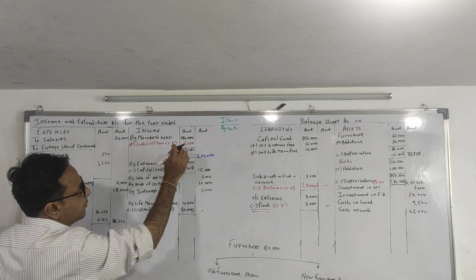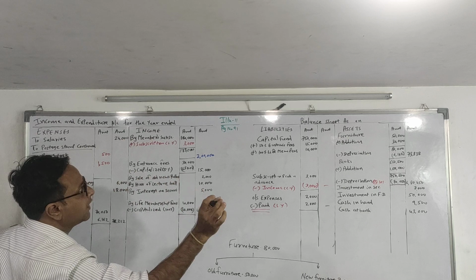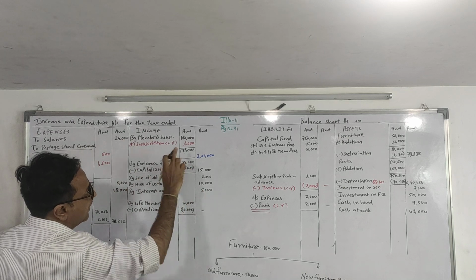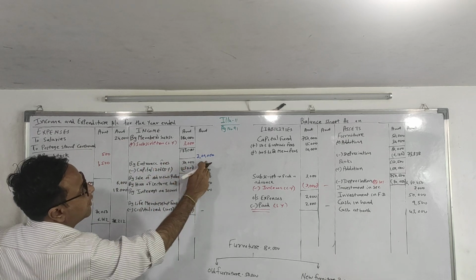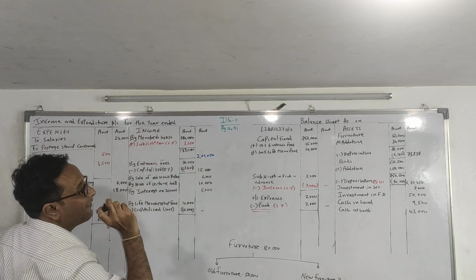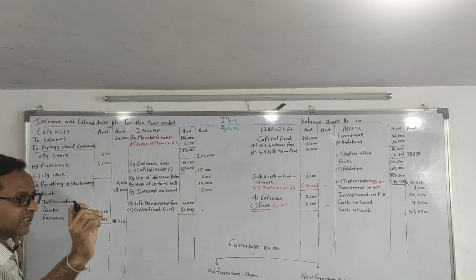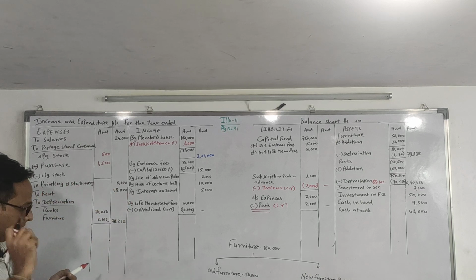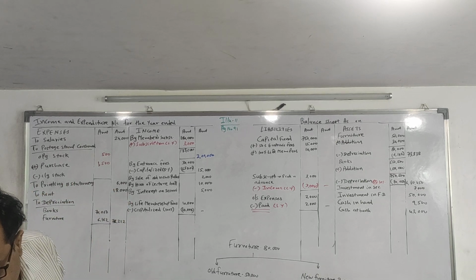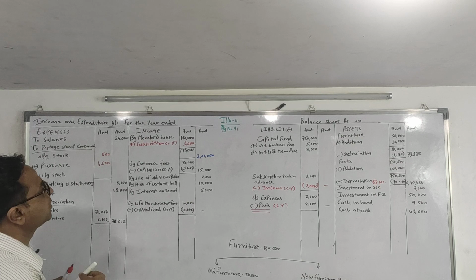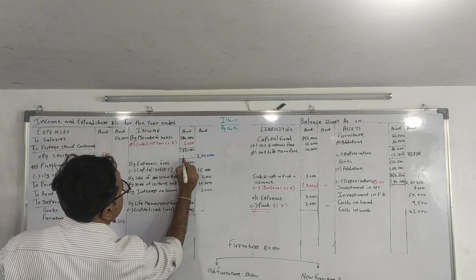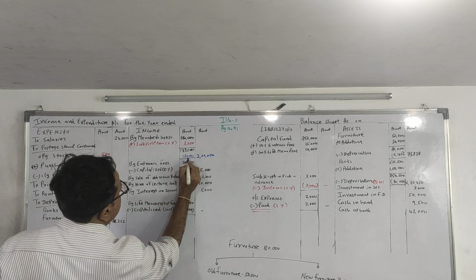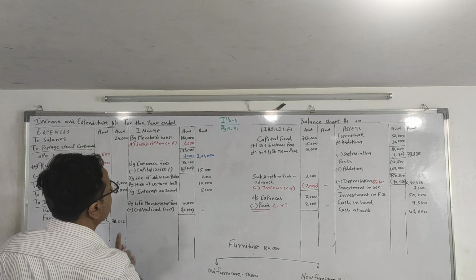So the total subscription received of current year is 1,83,000. How much was receivable? 2 lakh. So 17,000 is your hidden adjustment, outstanding subscription of current year. Do remember this. How we will get this 17,000? It is a balancing figure.